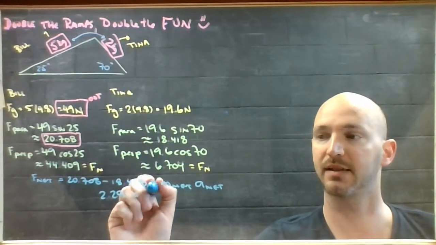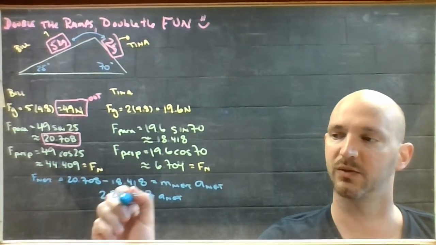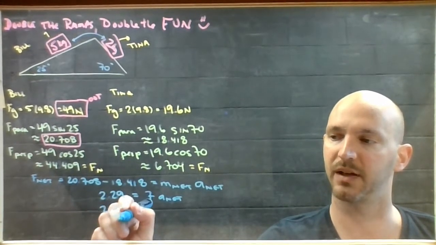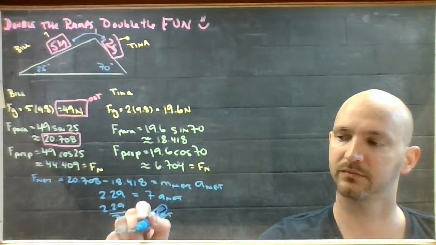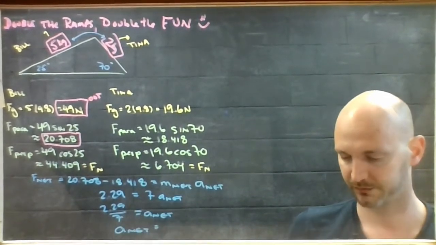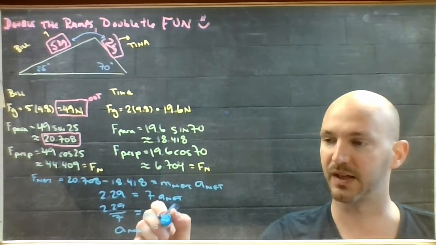Their net mass is 7 kilograms. So 2.29 divided by 7 gives me my net acceleration, which is 0.327 meters per second squared.